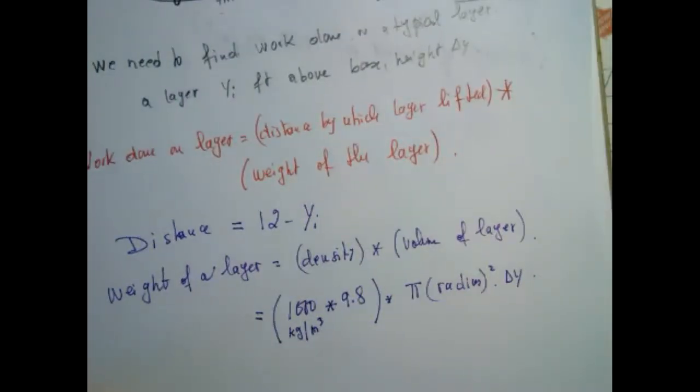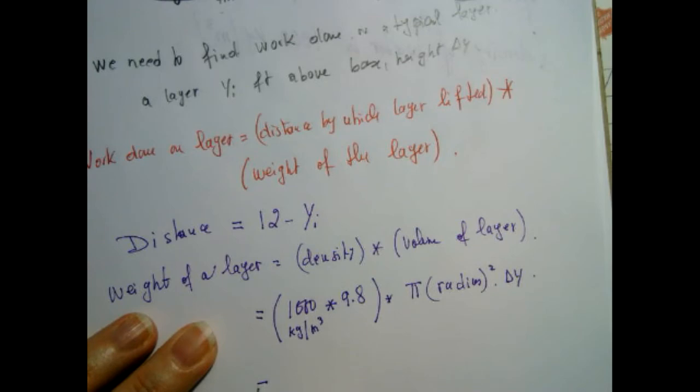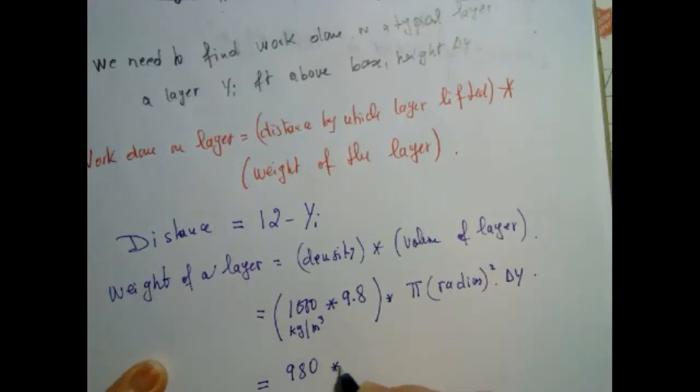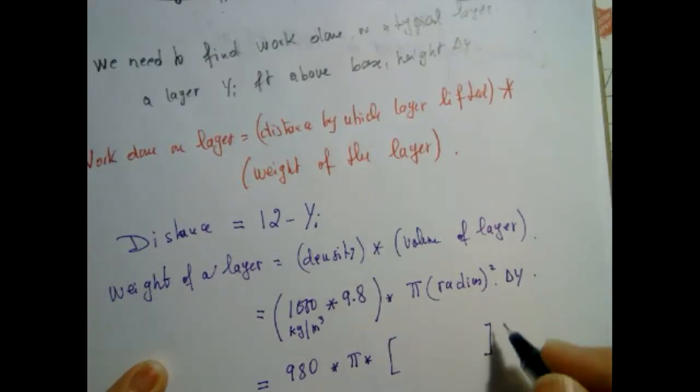So it is equal to 1000 times 9.8, that's going to give me times, and let us fill up the rest. Times pi, I'm still working on a layer. Now the radius of a layer.